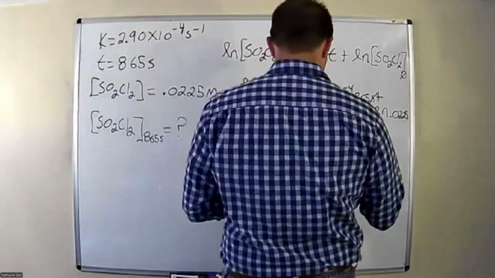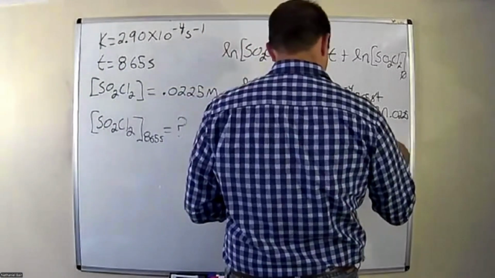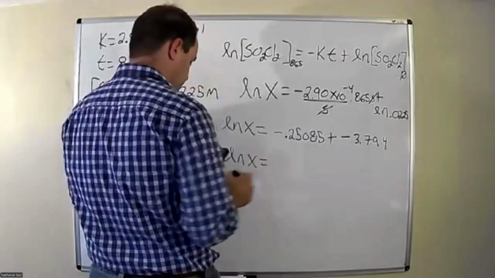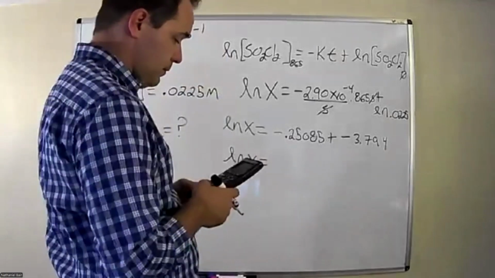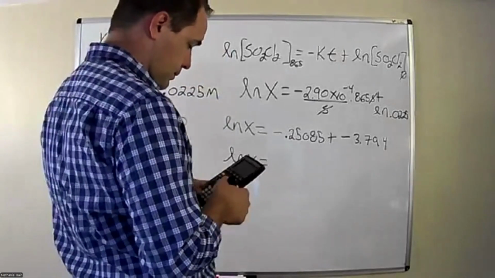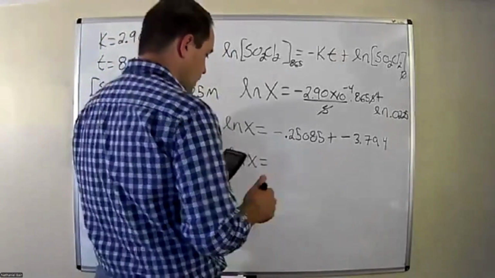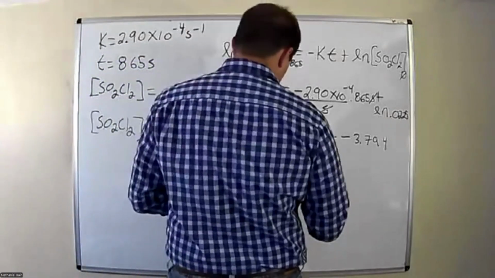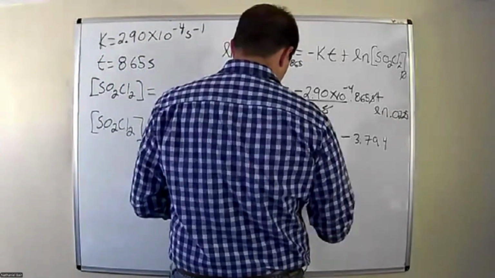That's a negative 3.794. Now we can add those together. We end up with the natural log of the concentration at time t equal to negative 4.045.